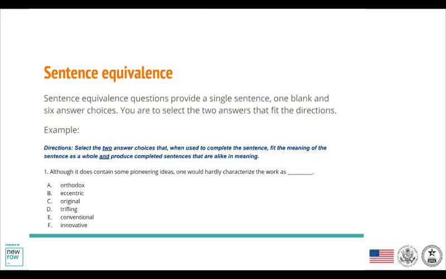Eccentric would absolutely work to complete the sentence. However, there's not an equivalent word to eccentric in the rest of the remaining options, and so you wouldn't be able to find a second option that would also complete the sentence effectively. So these are somewhat tricky questions where you're being asked to both find complete sentences that make sense and that are alike in meaning.